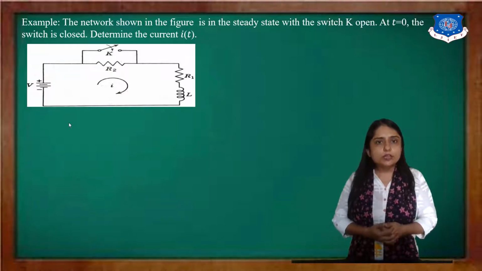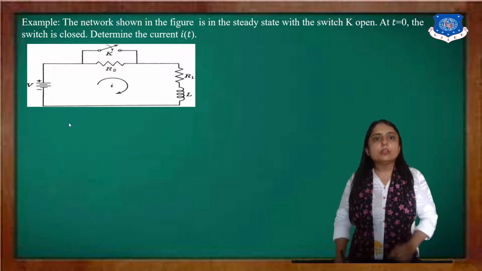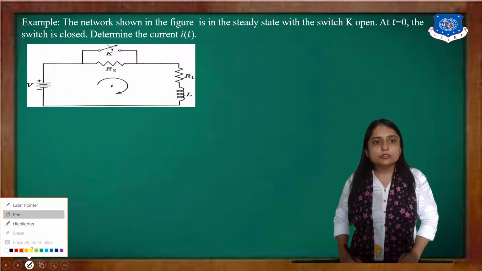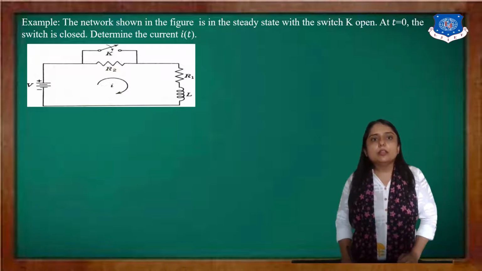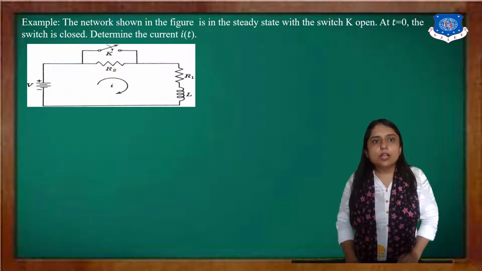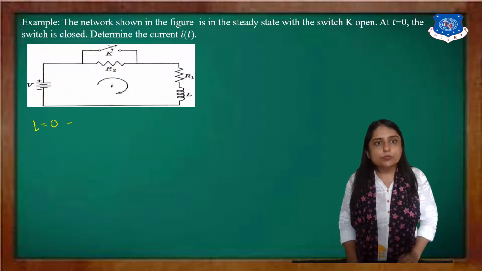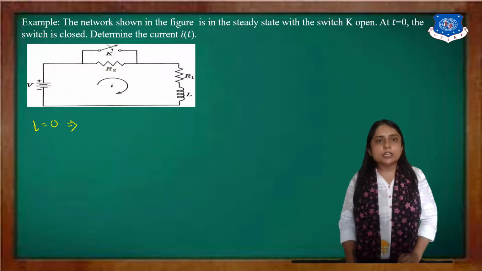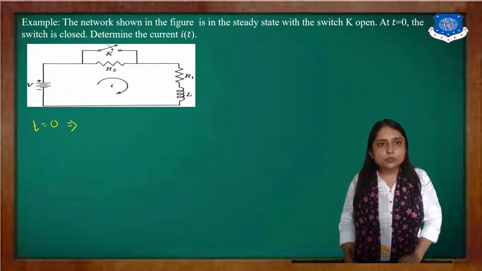Here, first of all, we will draw the circuit. I want to find the current i of t for t greater than 0. Let's see the position of the switch.